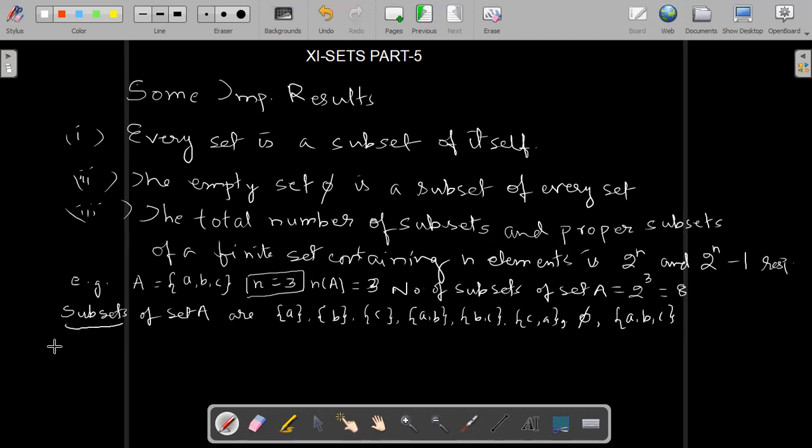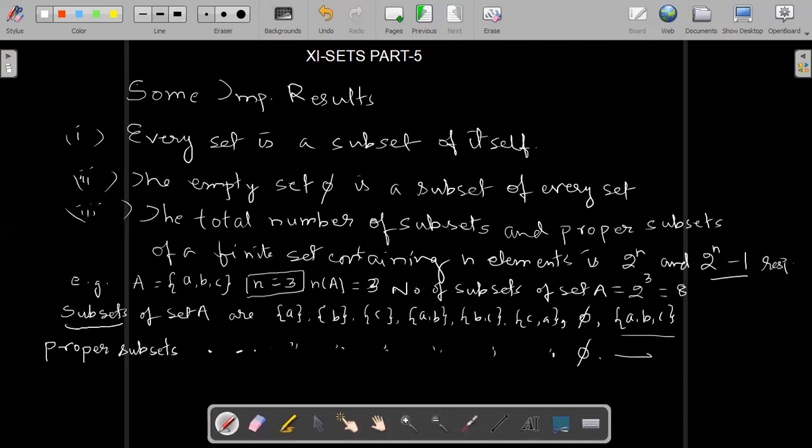If somebody asks to write the proper subsets, these are the minor mistakes students make: they will write all the subsets. What are the proper subsets? Proper subsets means subsets which are less than this set, so the set itself will not come. That's why the formula is 2 raised to power n minus 1, which is 8 minus 1, 7. So this will be excluded. All the others will come, up to phi.